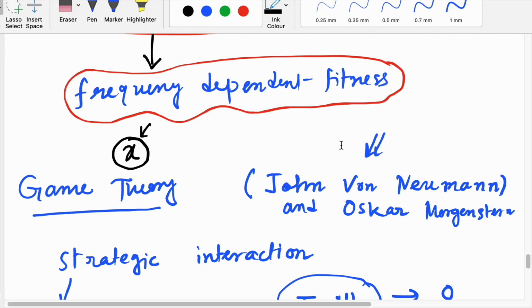The utility and payoff I am using synonymously, but these two are the same thing for classical game theory, not for evolutionary game theory. Up to now, whatever game theory we are talking about is classical game theory. And if I stay in the regime of expected utility theory, or von Neumann-Morgenstern utility theory, we can write this satisfaction number.